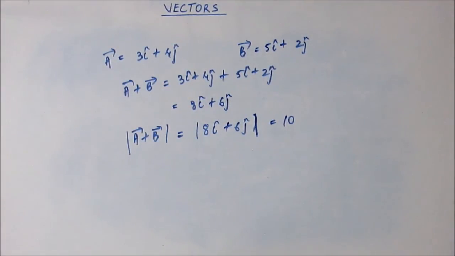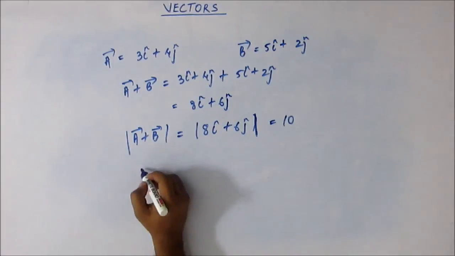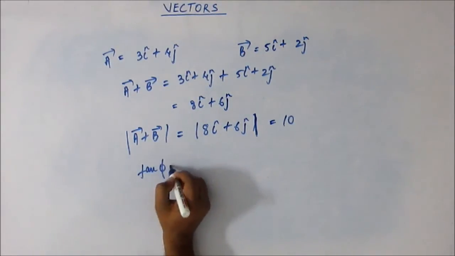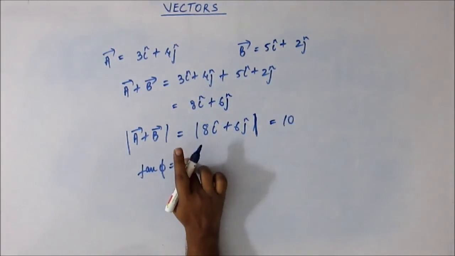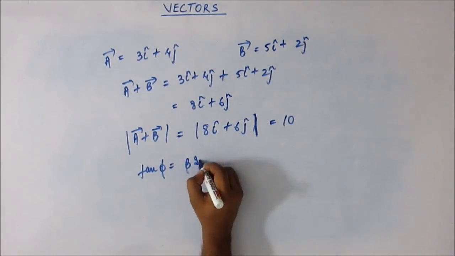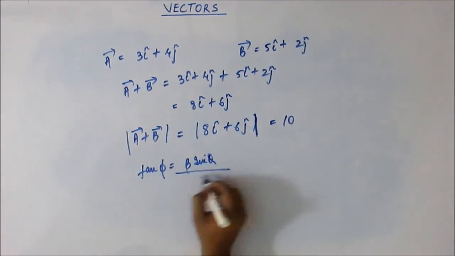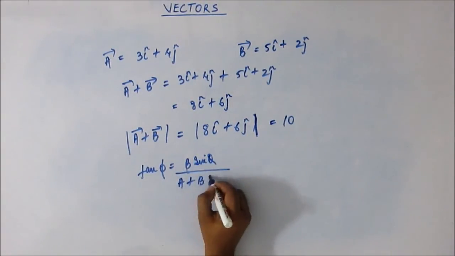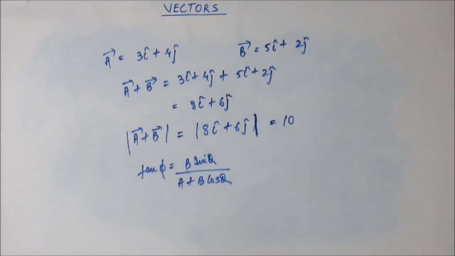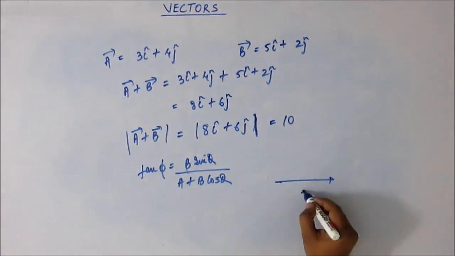And what is the angle that the resultant vector makes with the positive x-axis? The formula that we studied is tan phi is equal to B sin theta upon A plus B cos theta. Now I'm asking what is the angle which the resultant vector makes with the x-axis. Now 8 i cap is along x-axis.